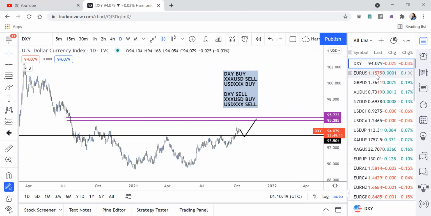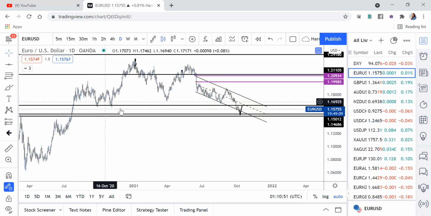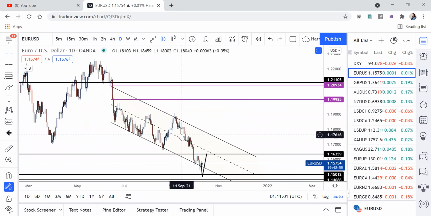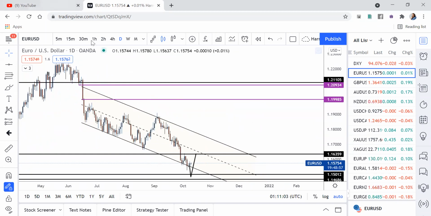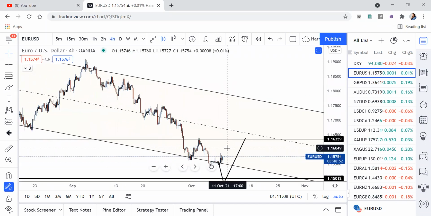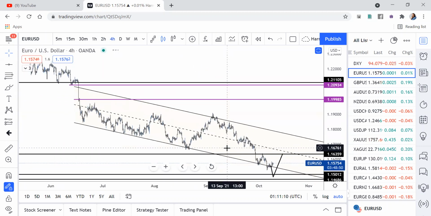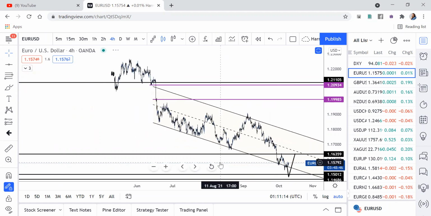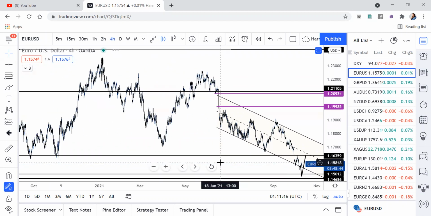So let's go on to Euro USD. Now Euro USD is still in this descending channel, still in this descending channel. And overall, I am looking for EU to drop some more, still looking for EU to drop into this area. And here is why.